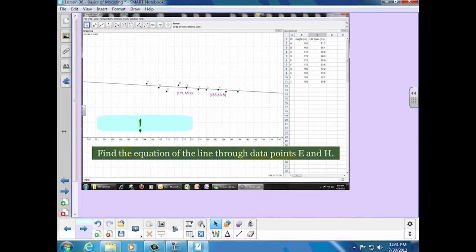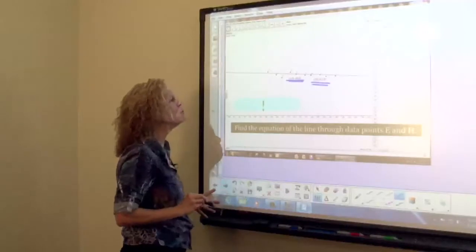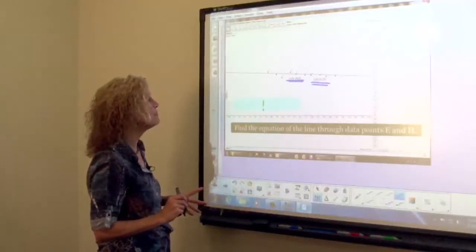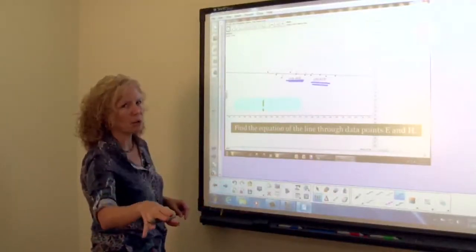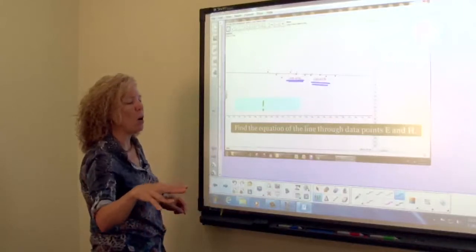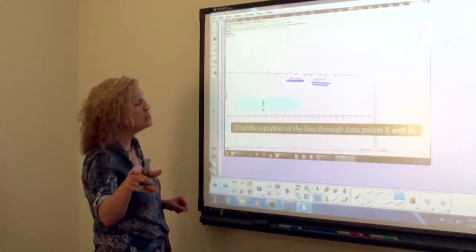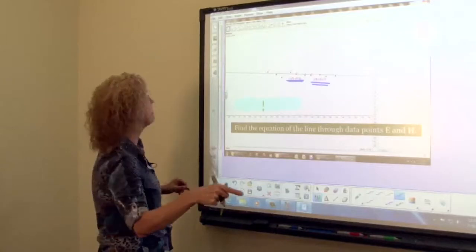We're going to write the equation of this line. To write the equation of your line, you need 2 points. So I decided that the line seemed to fit the data best if I went through point E and point H. Okay, so I'm giving you those 2 coordinates. Now, you've been writing equations of lines for a long time. You know the first thing we find is the slope.